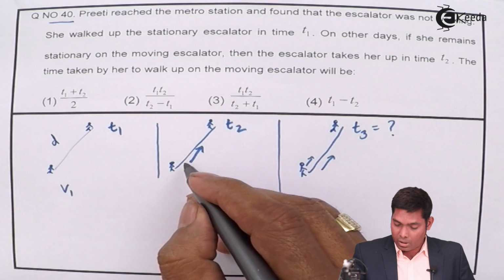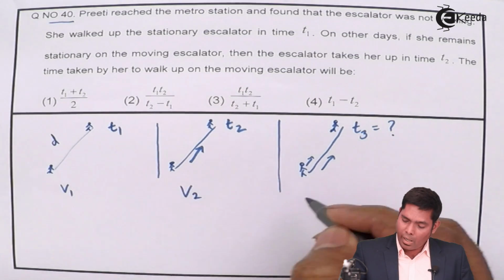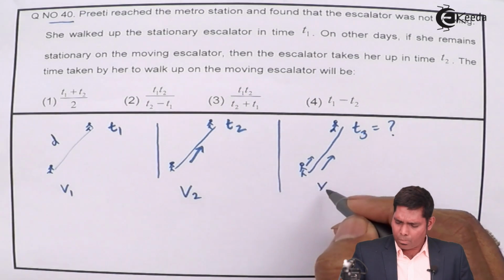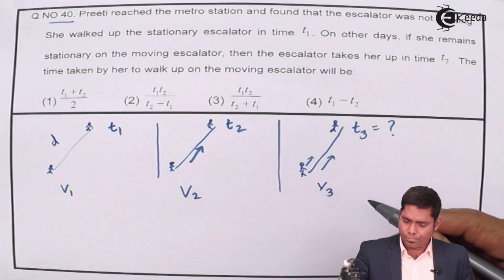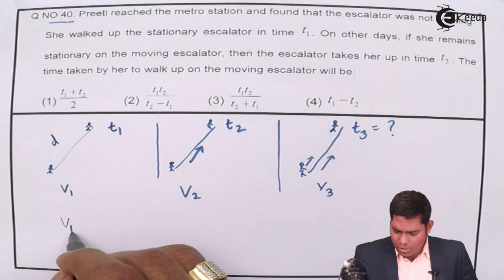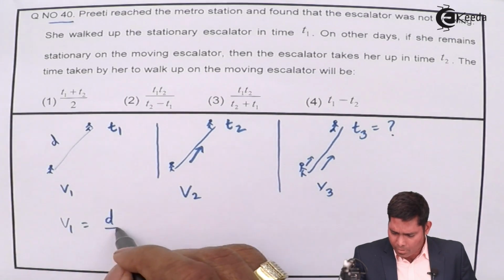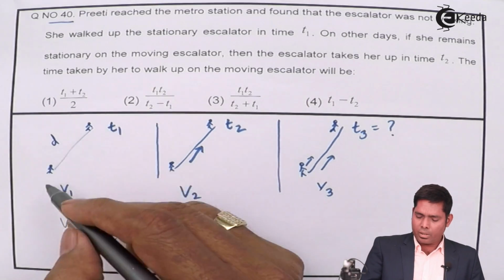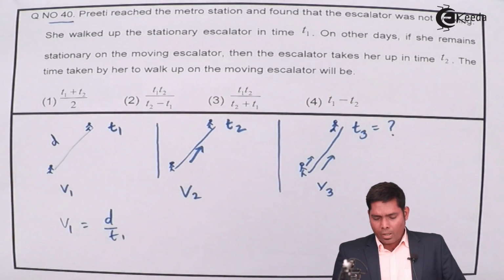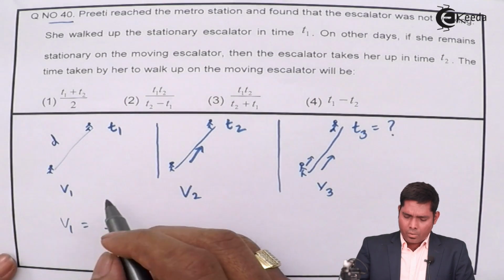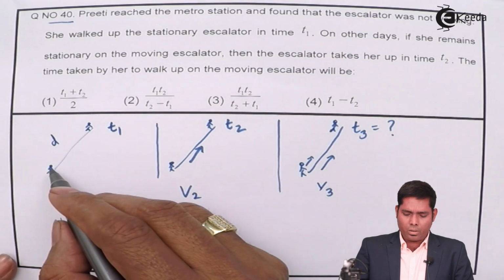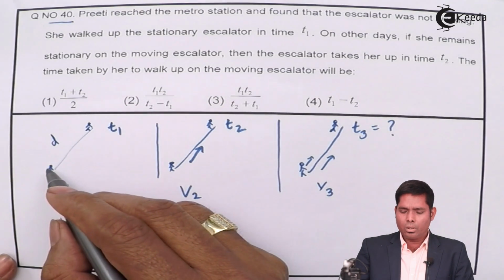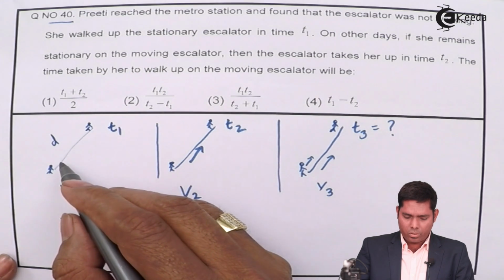Here the speed is v2, and here it is suppose v3. Speed is distance over time, and this is the speed of the girl with respect to ground.